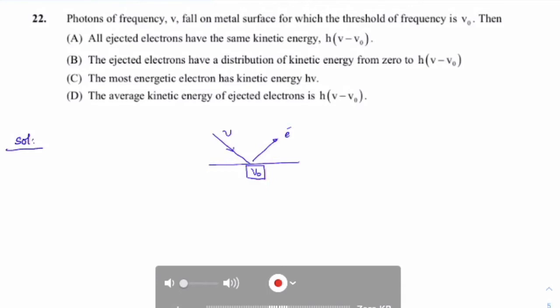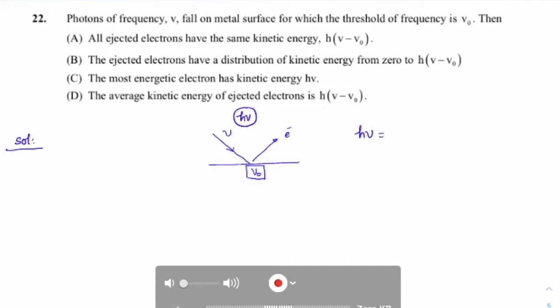See, while we are on this case, you have to understand that for every electron to pluck out, we require one photon. Okay.